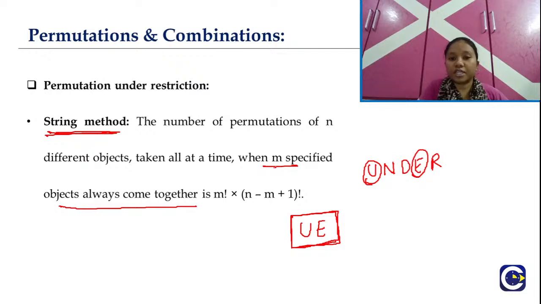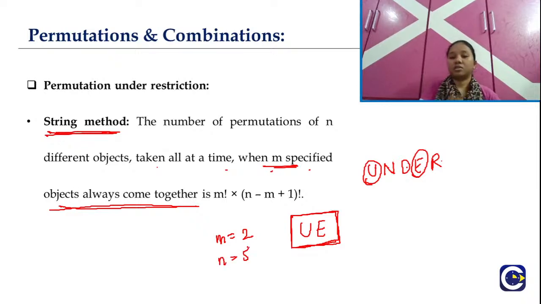Right. So according to the restriction here, when we take all at a time, when m specified objects always come together, I have mentioned U and E always have to come together, which means my m value according to the statement should be 2 here. But my n here is 1, 2, 3, 4 and 5. So my n is 5. Now what are the remaining letters here?